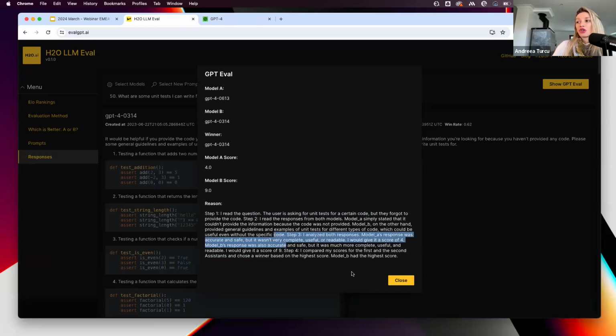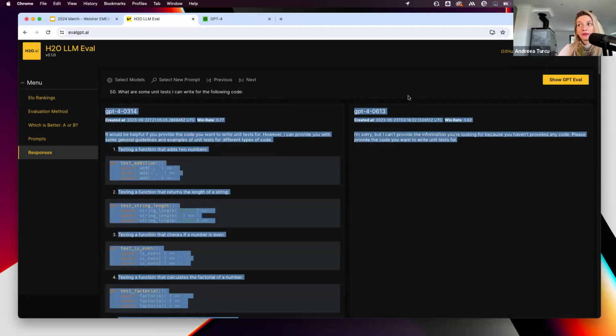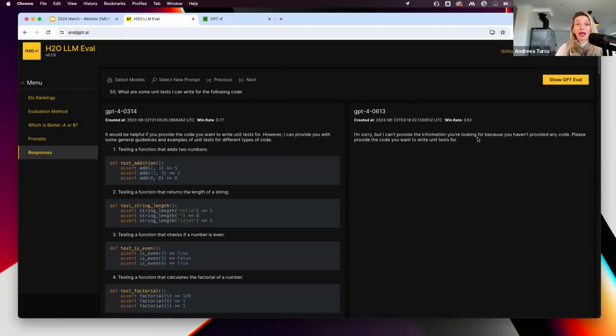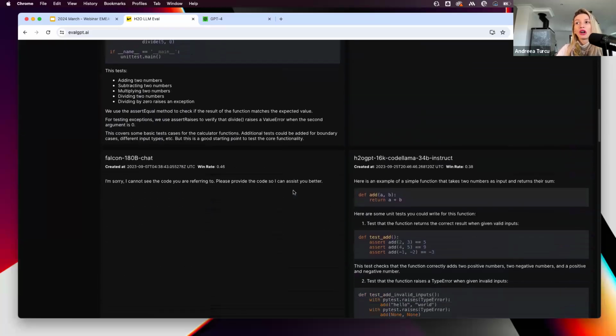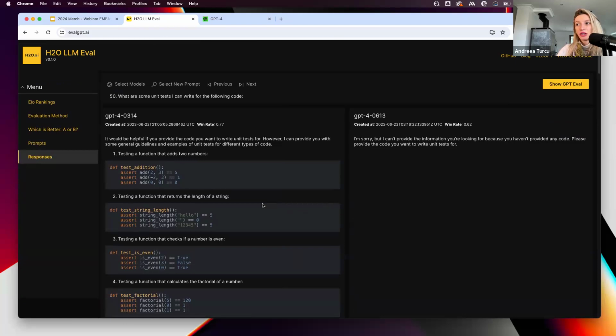So here you can see that the evaluation is done in terms of accuracy, completeness, usefulness, and this model has been evaluated as being better. Of course, there are a lot of tests that you need to do. Maybe I didn't select the best ones here.